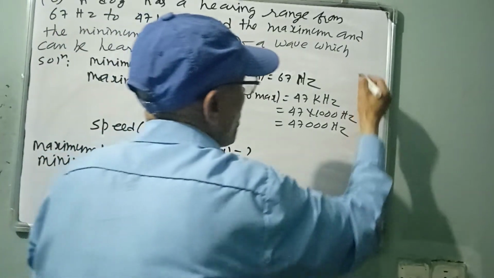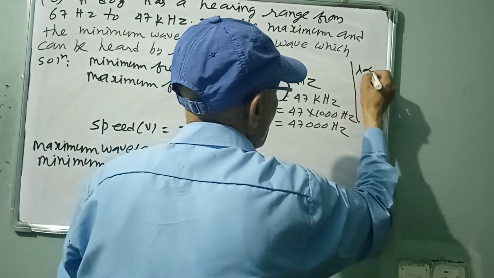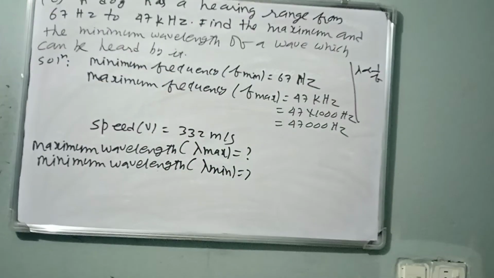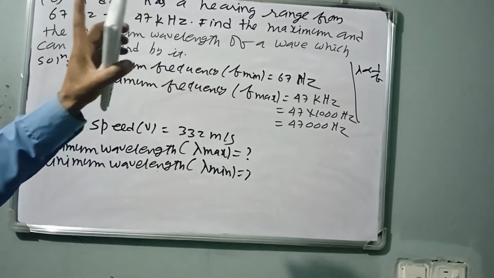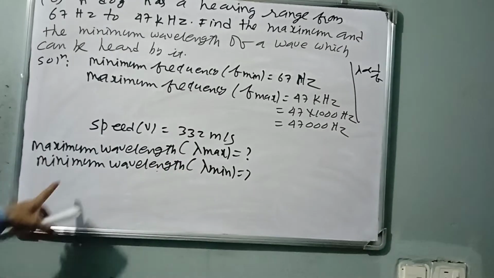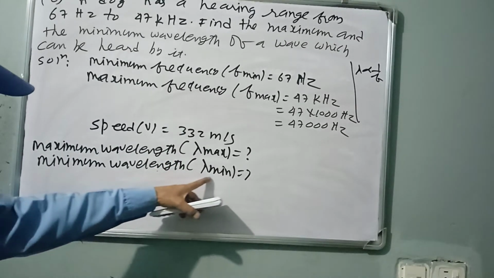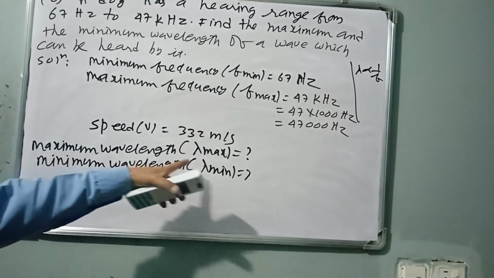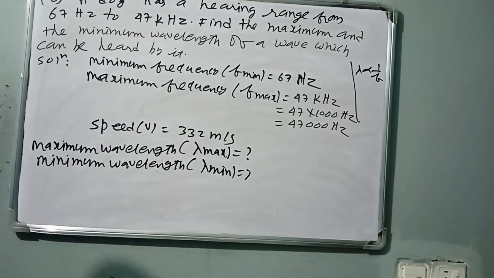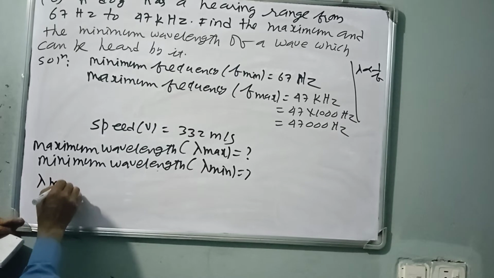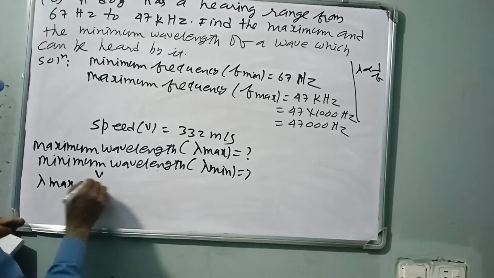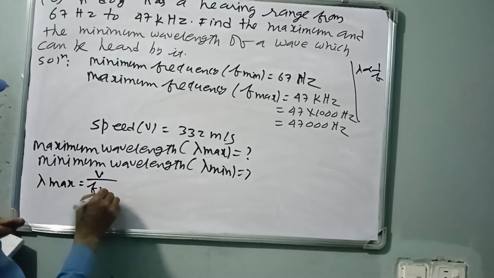You have to know that lambda is inversely proportional to frequency. To get minimum wavelength, there should be maximum frequency. To get maximum wavelength, minimum frequency. We know lambda max equals v by f min.